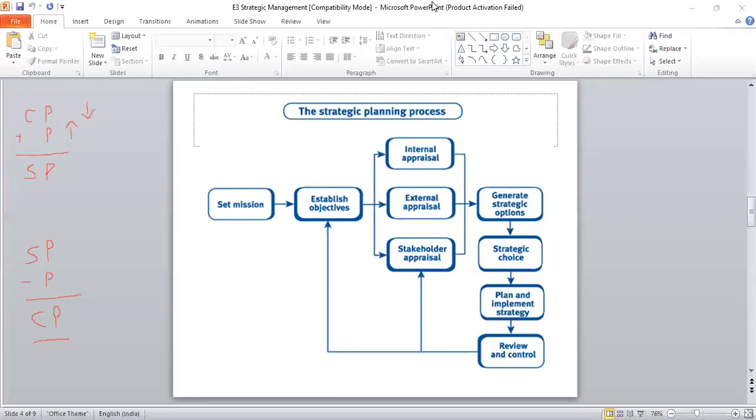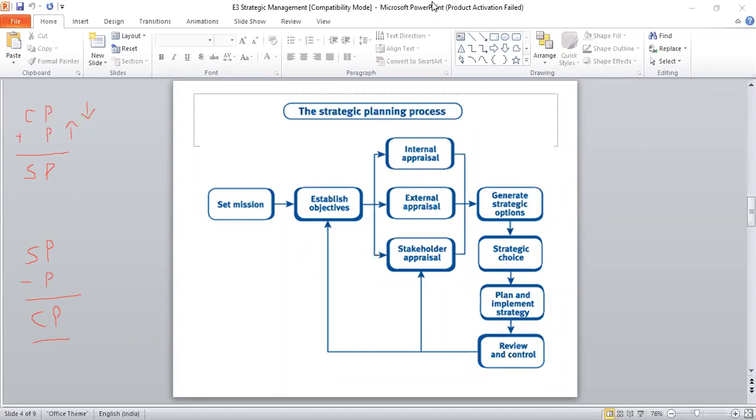Internal appraisal is about understanding the internal environment. Just as we discussed about the internal environment, it means understanding the organization, the people in the organization, the culture prevailing in the organization, and the seriousness of the people towards achievement of the objectives.